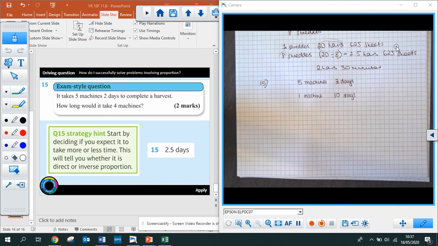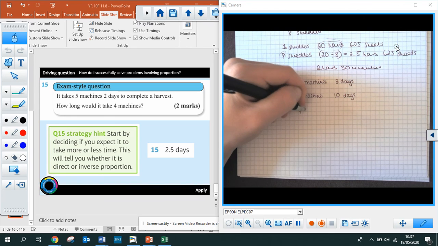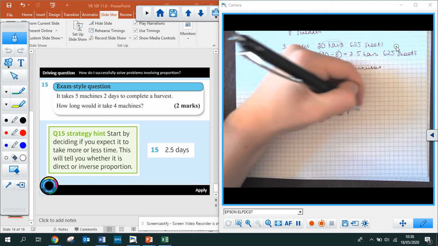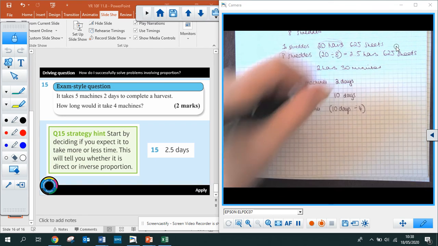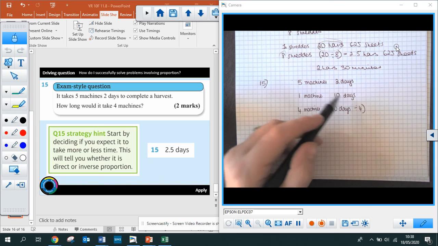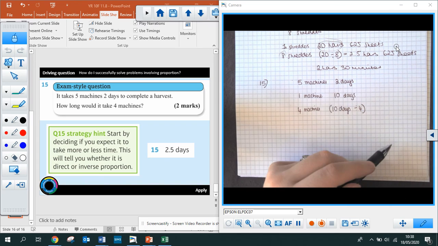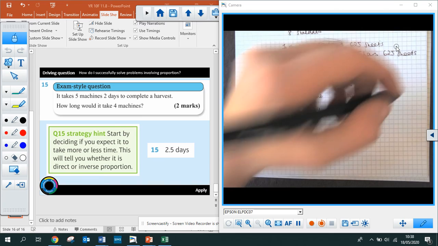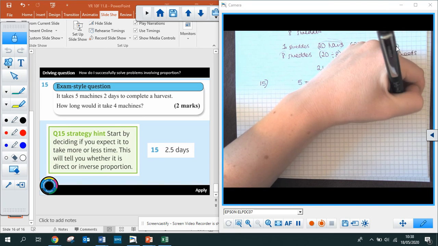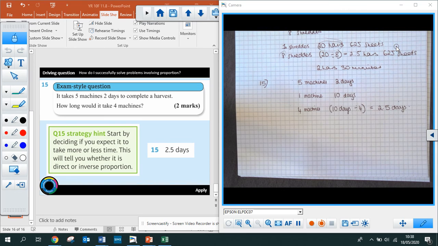But we have 4 machines. So we take our 10 days and divide that by 4 because they're sharing the work of one machine between 4 of them. That would give you 2.5 days. And that's your final answer there.